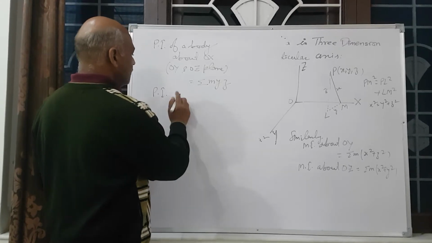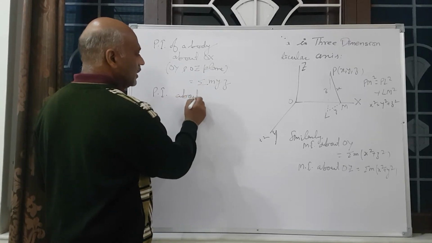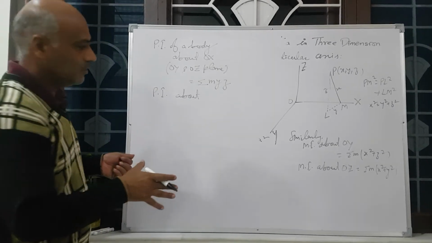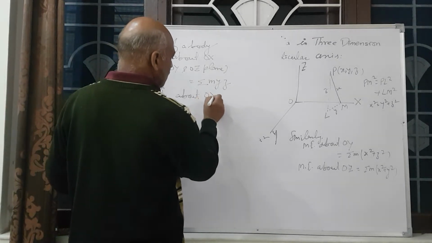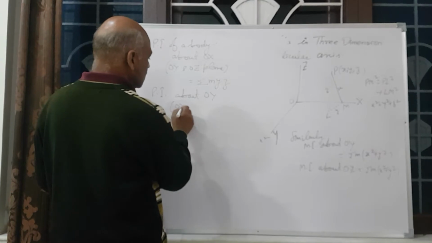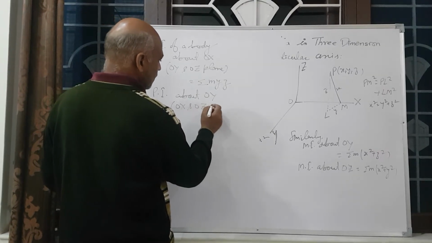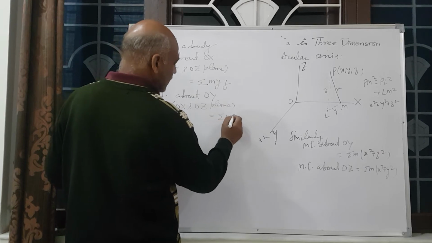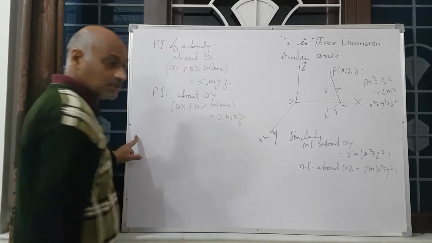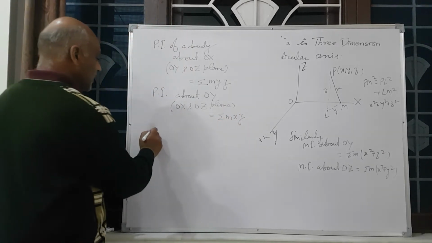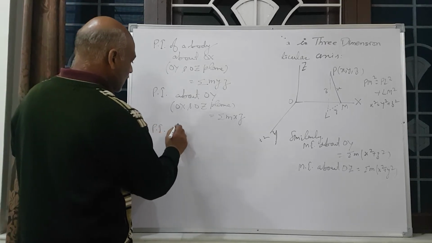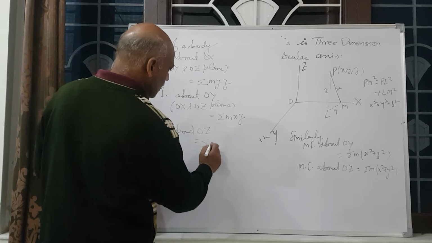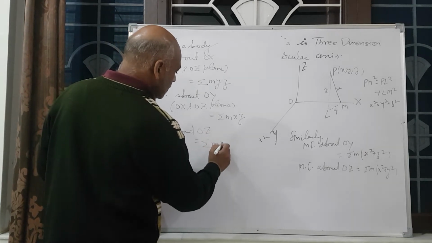Similarly, the product of inertia of a body about OY, that is the OX and OZ plane, is summation m x z, and the product of inertia about OZ, that is the OX OY plane, is summation m x y.